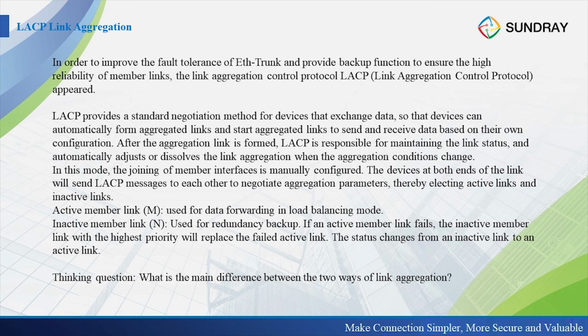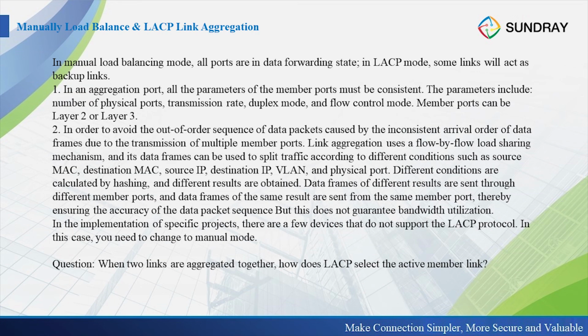And in an aggregation port, all the parameters of the member ports must be consistent, so you need to keep the configuration the same. The parameters include the number of physical ports, transmission rate, duplex mode, flow control mode, and whether it's a layer 2 or layer 3 port.